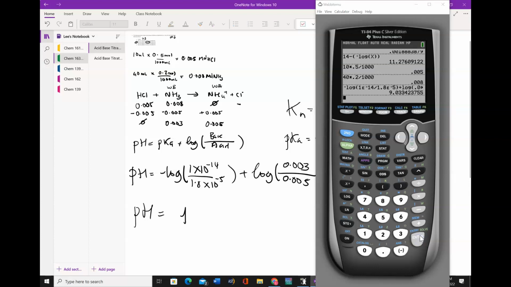So I got 9.03. So going in the right direction, heading in the right direction.